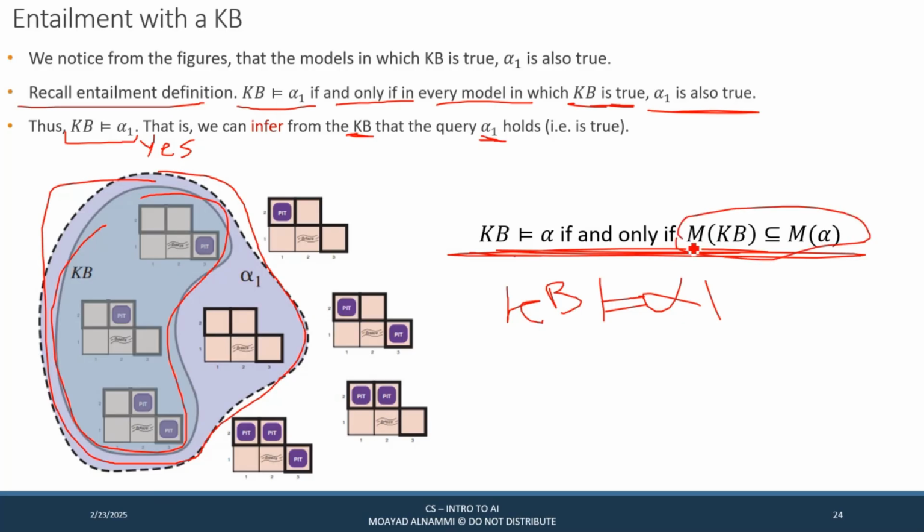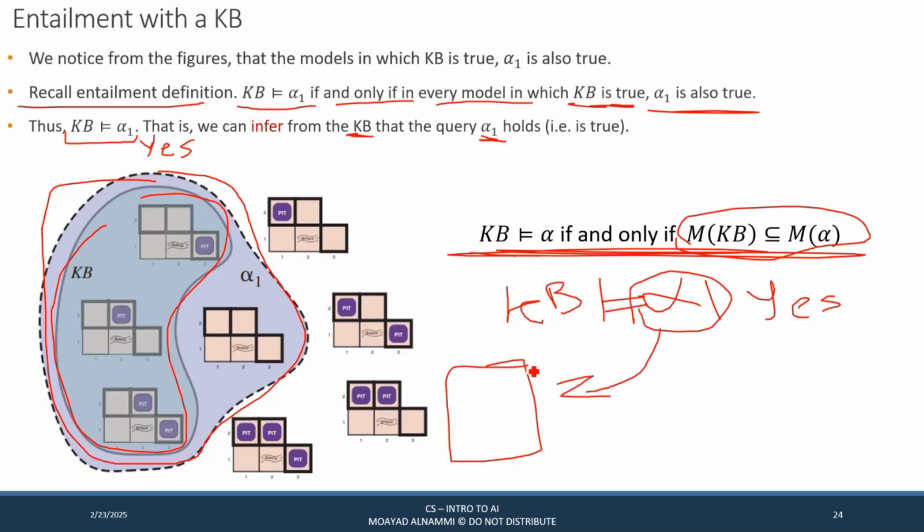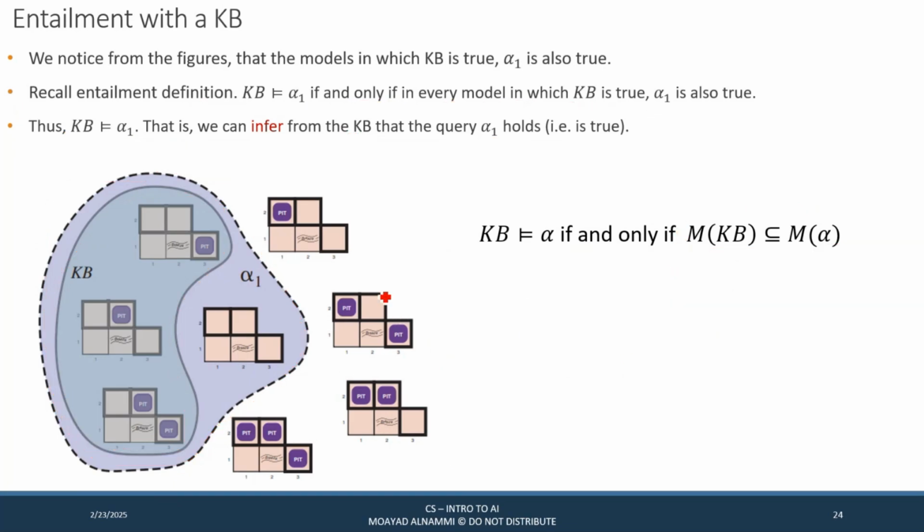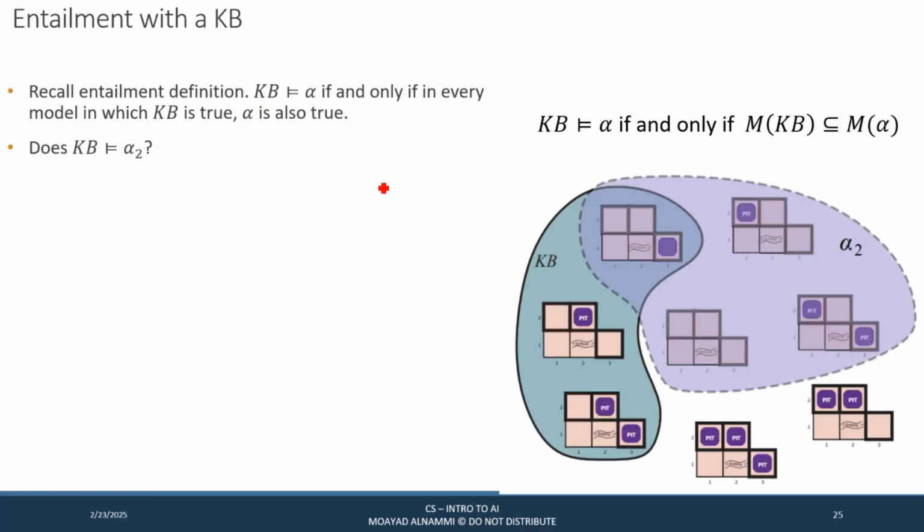Because this condition holds, we say yes. You can take alpha 1 and add it to your KB facts because it is a true sentence. This is called inference. We use entailment and we base it off of this rule set here.